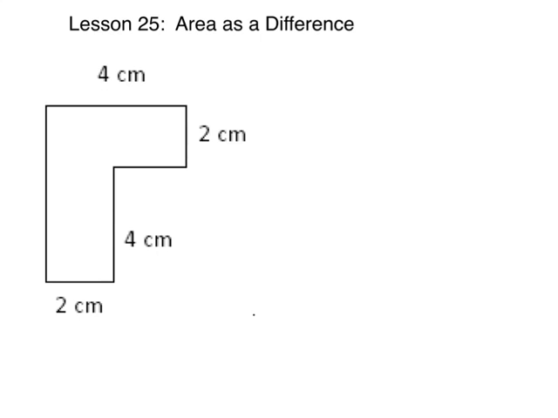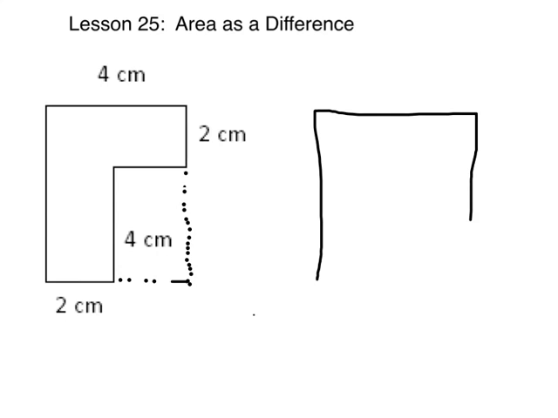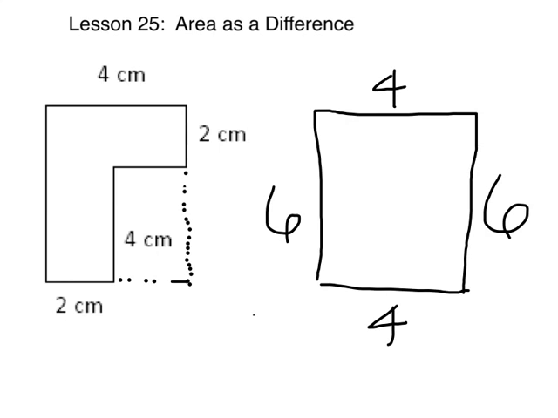So let's pretend for a minute that this is an actual rectangle, just like this. Okay? And this side is 4, and this side is 6, and this side is 4, and this side is 6.